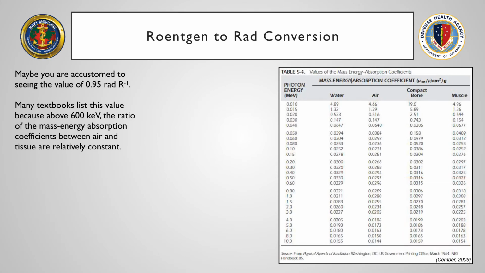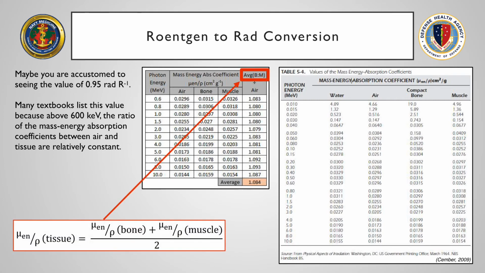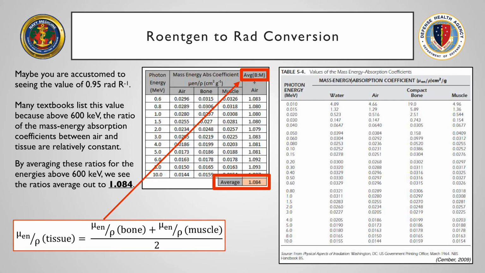I take all of those values and put them into Excel. And to get the tissue mass energy absorption coefficient, I just take the average of the bone and muscle. So I have the average bone and muscle divided by air mass energy absorption coefficient in the right column, and then I average all of those out, and we see that the ratios average out to 1.084.